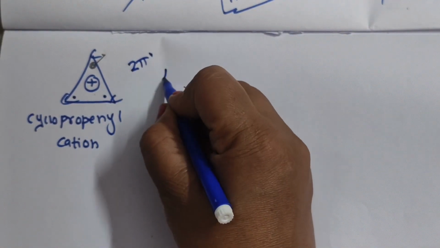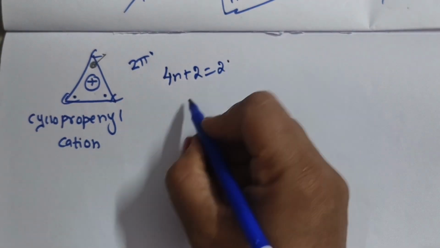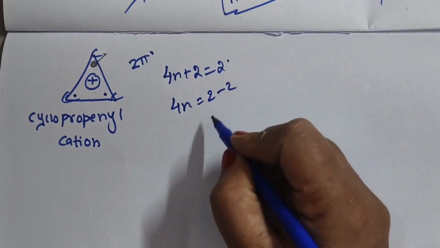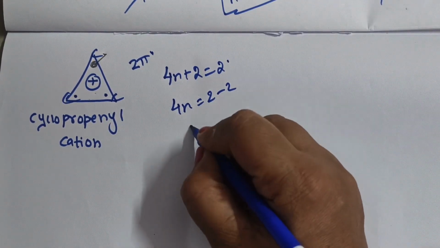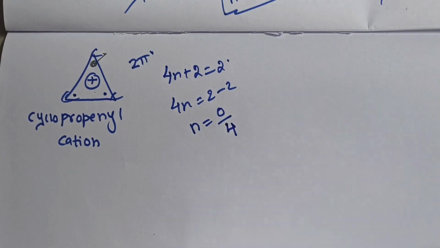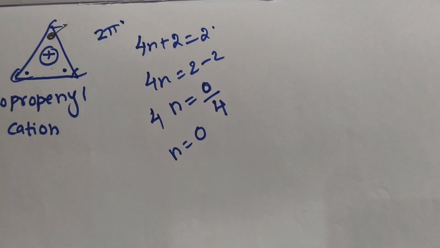So we will solve 4n + 2 is equal to 2 pi electrons. So 4n is equal to 2 minus 2, so n is equal to 0 by 4. You get 0, so it will satisfy Huckel's rule.